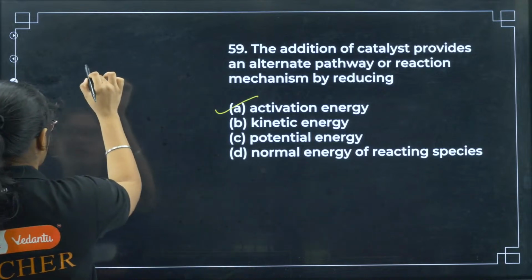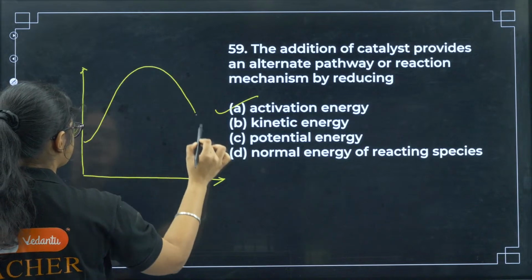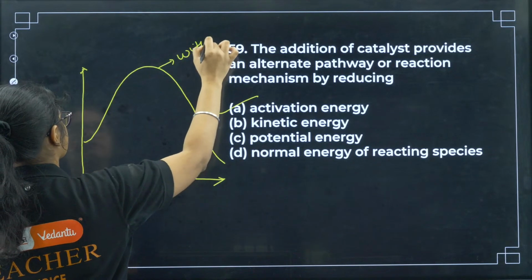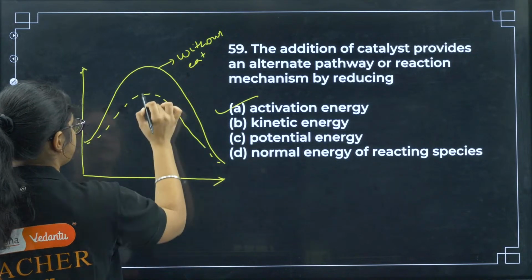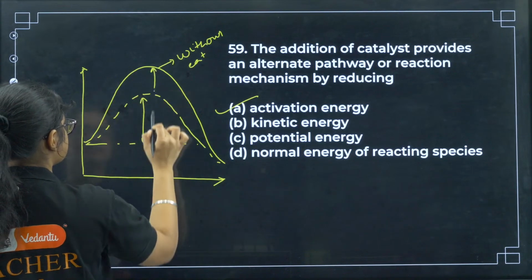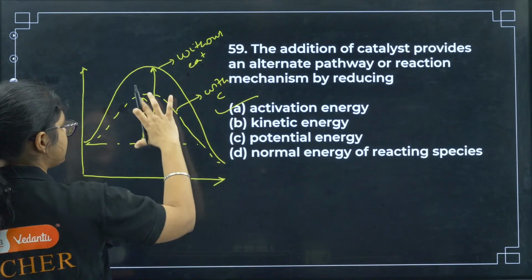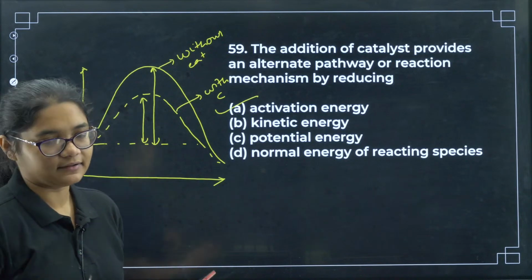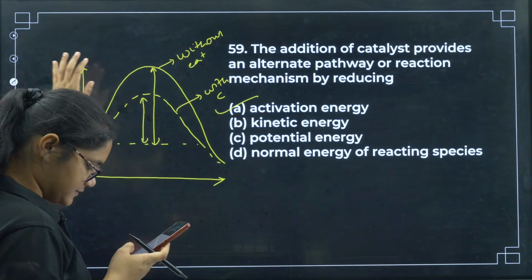We have seen that graph, and this graph is also asked very often. You have a reaction without catalyst, and a reaction like this with catalyst. With catalyst, what decreases is the activation energy, and when the activation energy decreases, the rate of the reaction increases. So A is the correct answer. It's not B, dear.